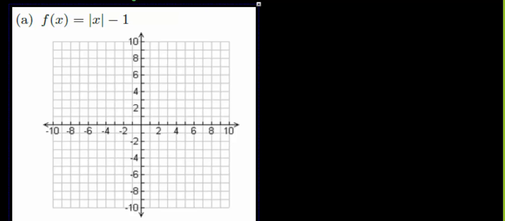Now, remember, the absolute value function is just like a V. It just comes up like this. There's the absolute value function. So sometimes it helps to do a sketch of the parent function, and that will help us in our final sketch.